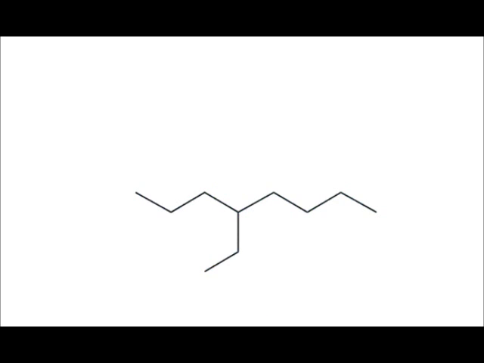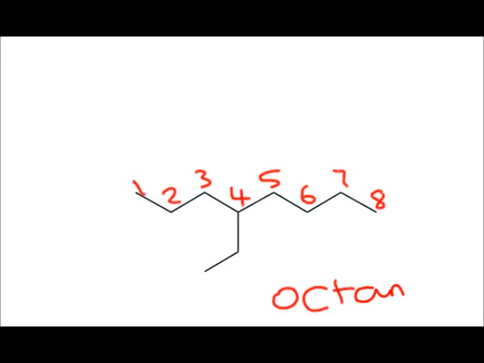In this next example, here we can see the longest carbon chain is 1, 2, 3, 4, 5, 6, 7, 8 carbons. The stem for 8 is oct, so we're going to use octane as the final part of the name. Now again, as you can see, we've got another branch here.